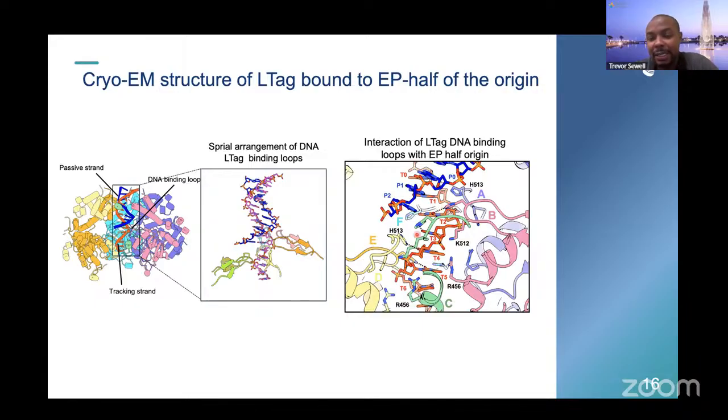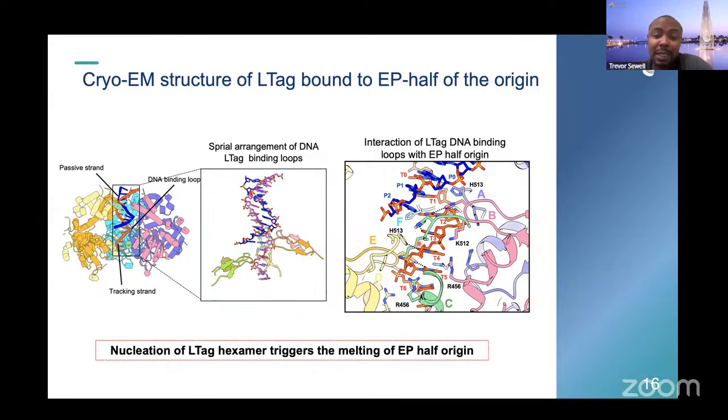And this interaction really splits the double-stranded DNA and prevents Watson-Crick base pairing from occurring. So what we could conclude from this structure is that nucleation of the LTag hexamer triggers the local melting of DNA in the ATPase channel, even in the absence of ATP hydrolysis.